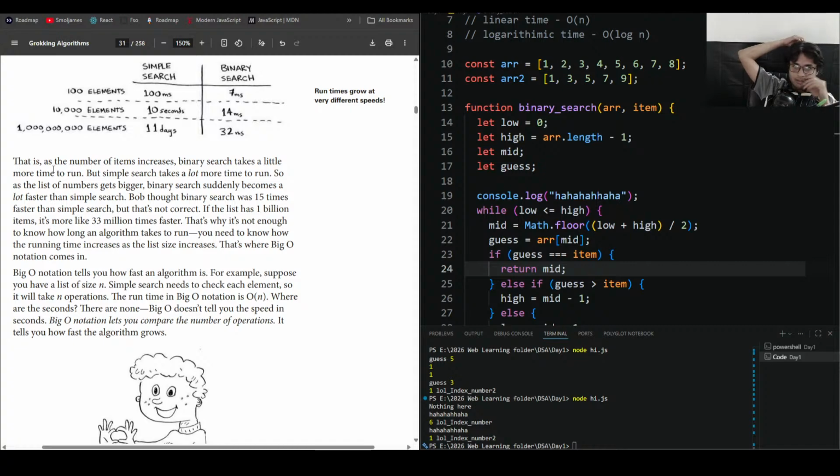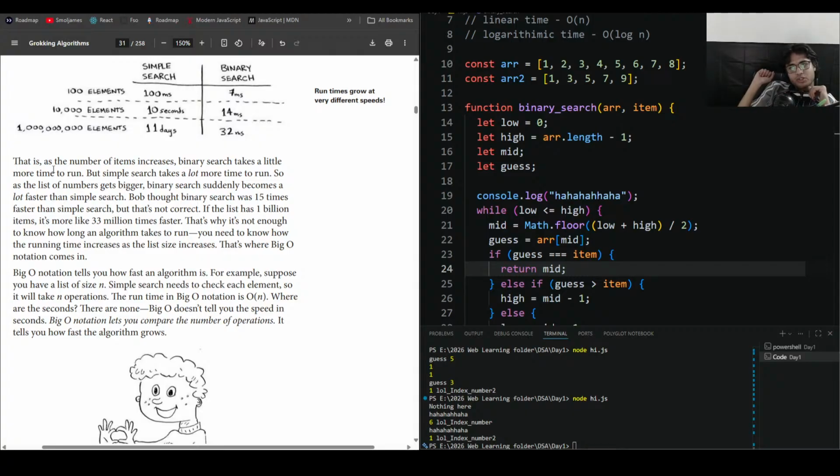Bob thought binary search was 15 times faster than simple search, but that's not correct. If the list has 1 billion items, it's more like 33 million times faster. That's why it's not enough to know how long an algorithm takes to run. You need to know how the running time increases as the list size increases.